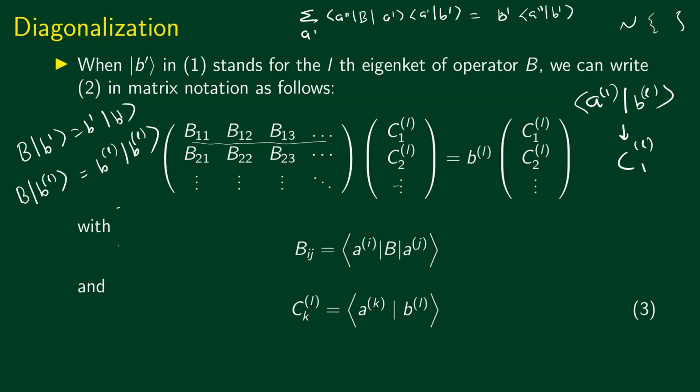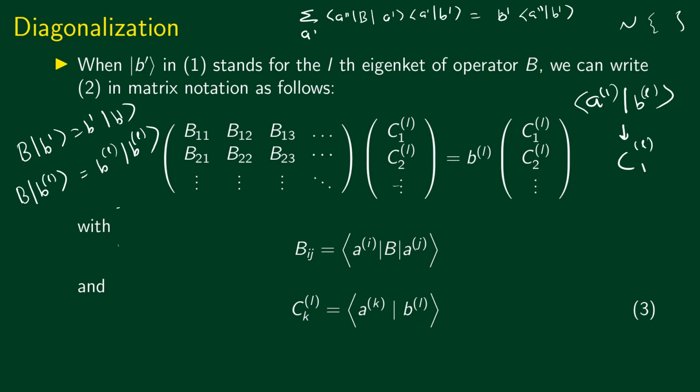The first row multiplied by this column gives you BL multiplied by C1L. Similarly, the second row multiplied by the entire column gives you the second entry, BL multiplied by C2L, etc.